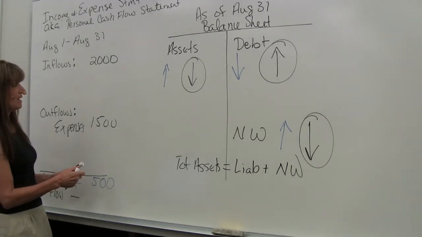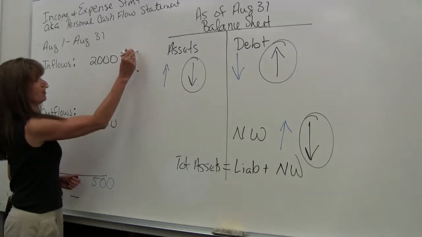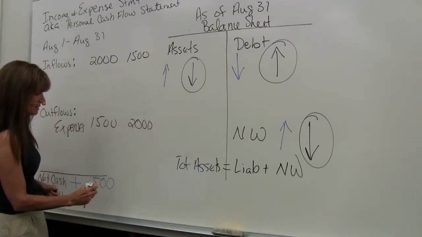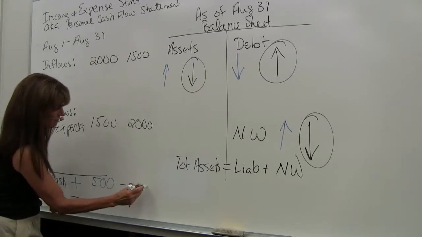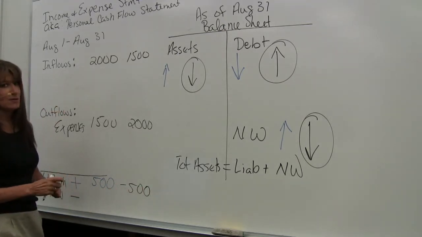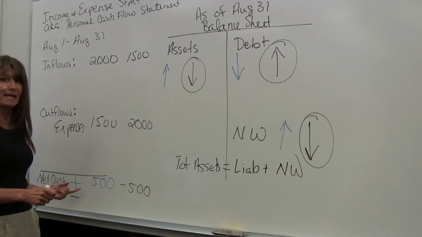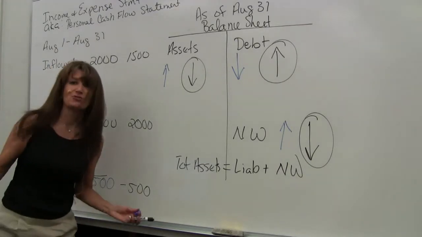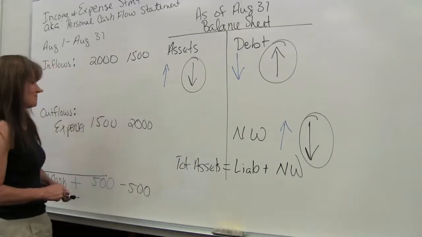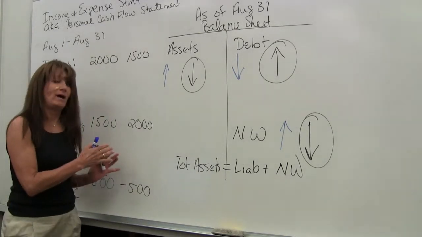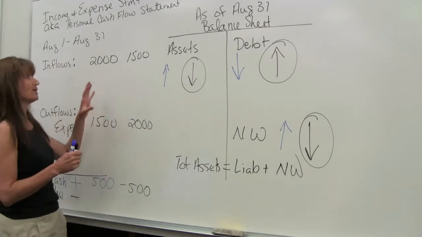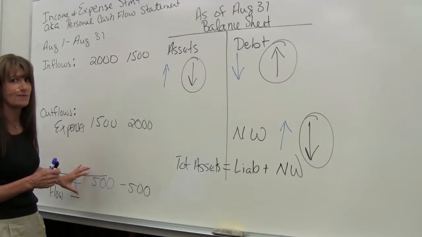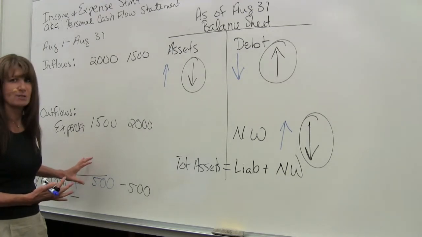If, on the other hand, we have $1,500 in income and $2,000 in expenses, then we've got minus $500 in net cash flow. So pretty easy statement to wrap your mind around. Whoops, I frequently drop my pens in class too. Pretty easy to wrap your mind around this because we're dealing with income and expenses and then the difference between that. So this isn't really a tough financial statement to understand.